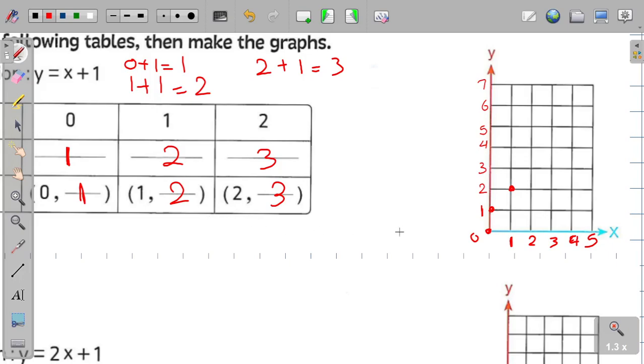Next, I have 2 and 3. So I will go right to 2 and go up to 3. So I will stop here. And after that, I will draw a line between them like this. So the line that represents the equation y equals x plus 1 is this line.